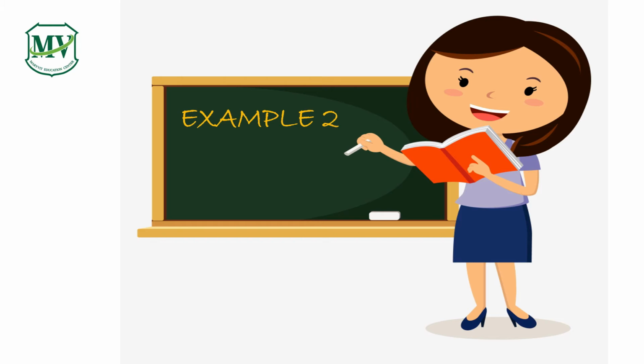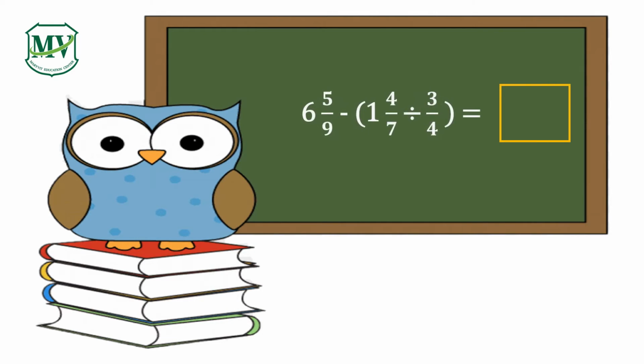Let us proceed to example number 2. 6 and 5/9 minus the quantity of 1 and 4/7 divided by 3/4 is equal to blank.